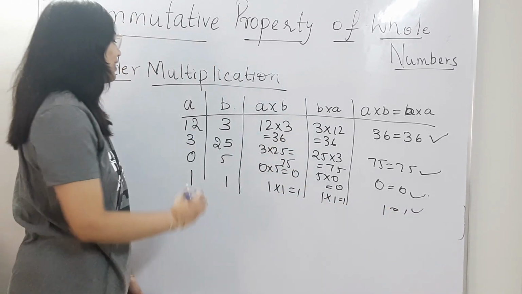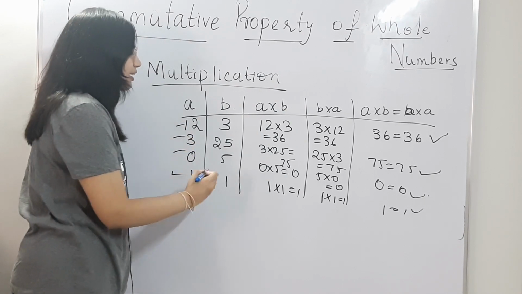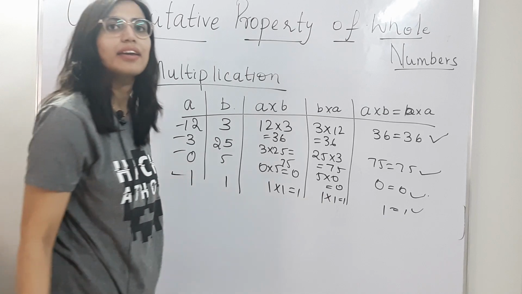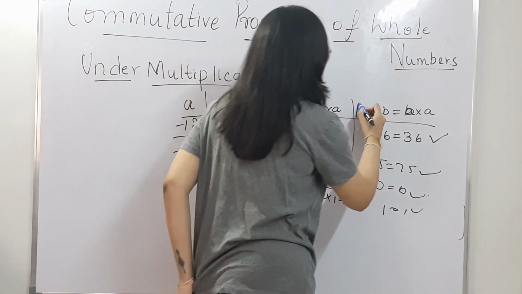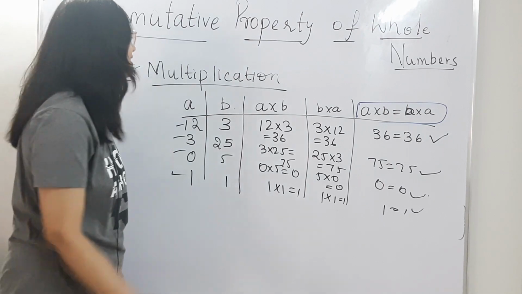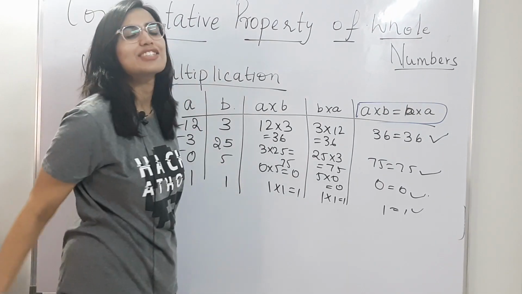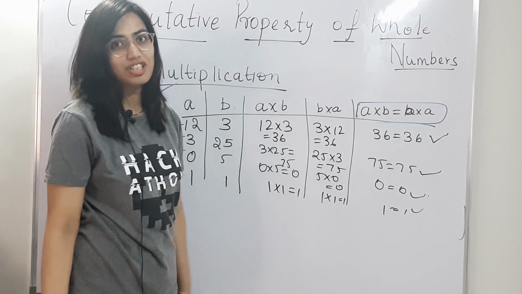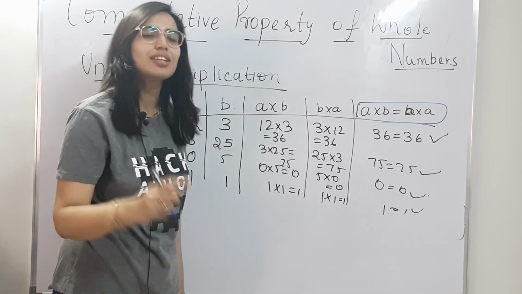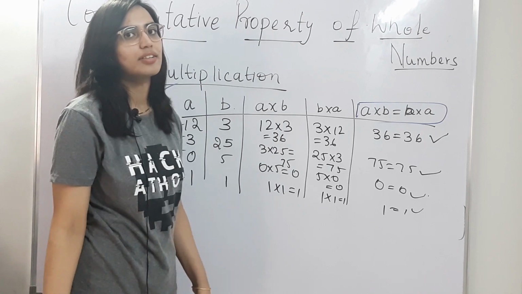You're saying that no matter what the number is and no matter what the order we are multiplying, we are getting the same result towards the end of the day. So that means commutative property is satisfied under multiplication. Note that commutative property is satisfied for addition and multiplication.